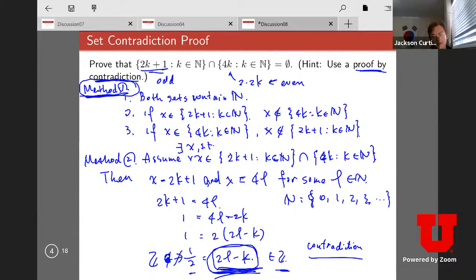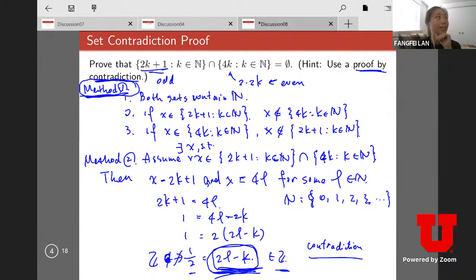My thought process was, if I assume that X is in both sets and then show that there is something fundamentally not true about it being in those two sets, then that would be a contradiction. I guess I just misunderstood what a contradiction was then.